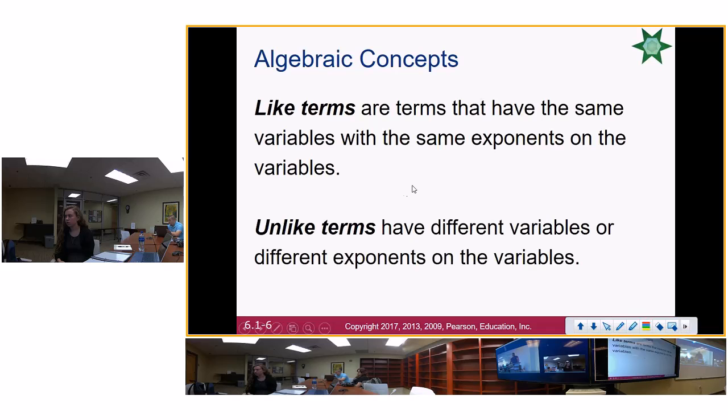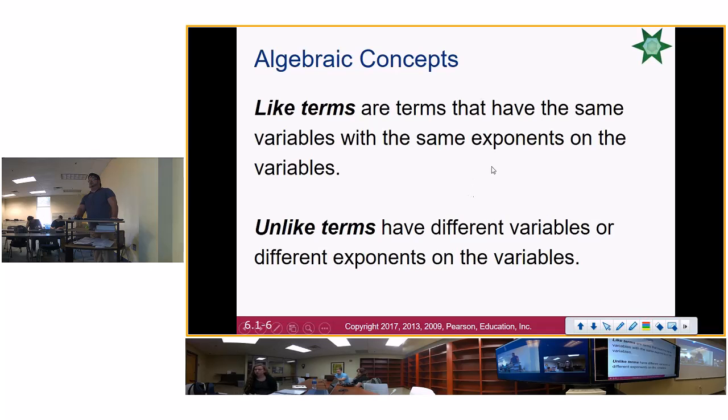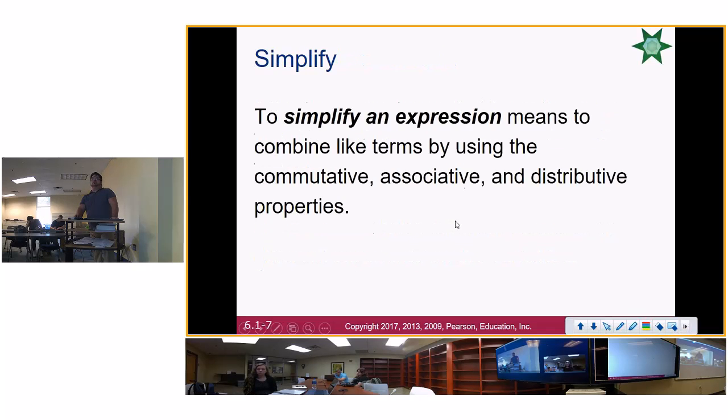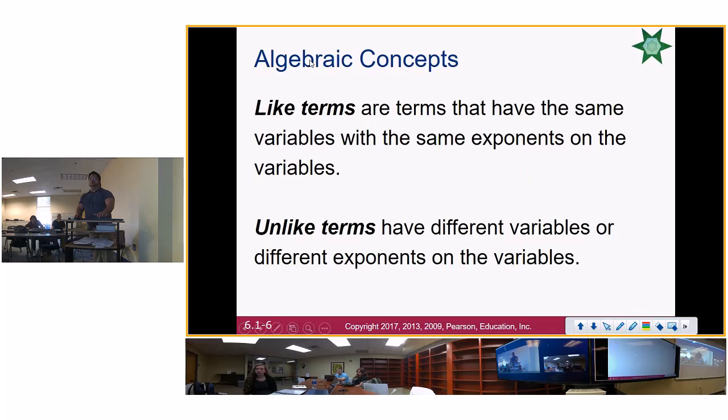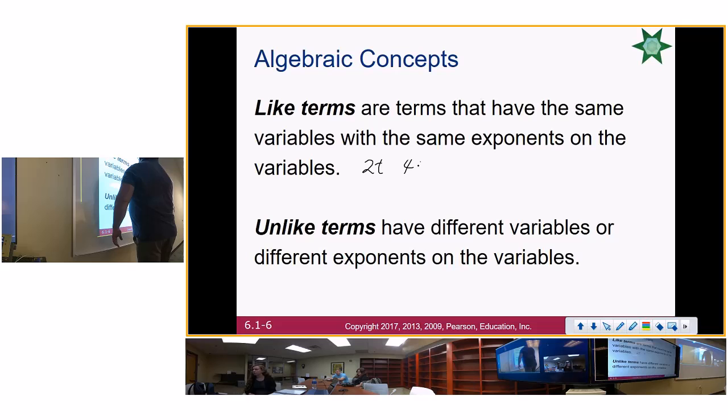Like terms and unlike terms. An example of like terms, well, I'll just get there eventually. They shouldn't have put that, not put an example. Okay, like terms are 2t and 4t. 2t plus 4t is equal to what? 6t. 2 boxes of cereal plus 4 boxes of cereal equals 6 boxes of cereal.